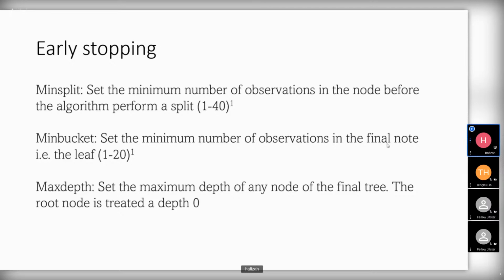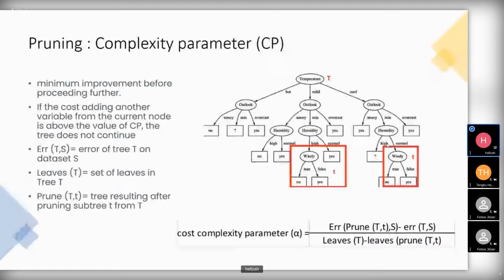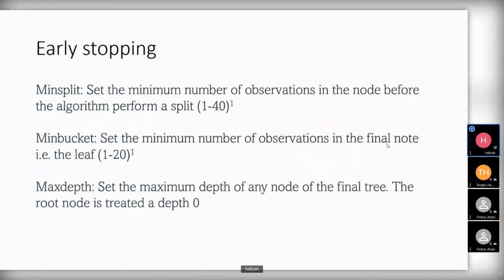But one more, we have the complexity parameter, CP. For this one, there are certain suggestions on how to choose the number. Other than minsplit and minbucket, there is also maxdepth, which is how much depth we want in our tree.